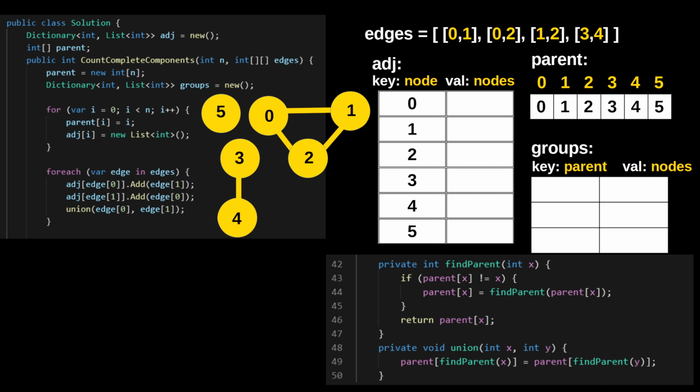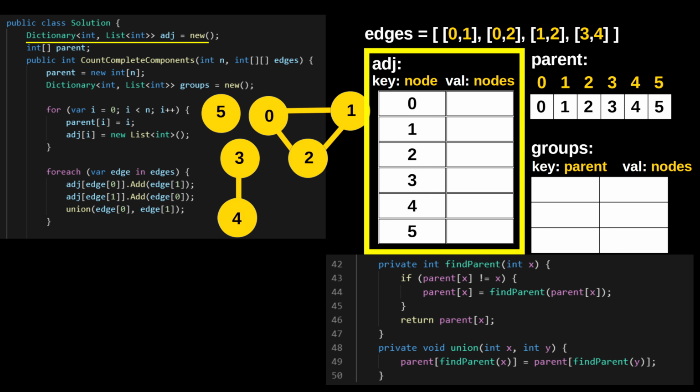For this problem, we are using several data structures. First, we have the parent array for the union find. The second data structure is a hash map for the adjacency list, where the keys are all the vertices of the graph. And the values for each key are where we store the vertices that share an edge with that vertex.